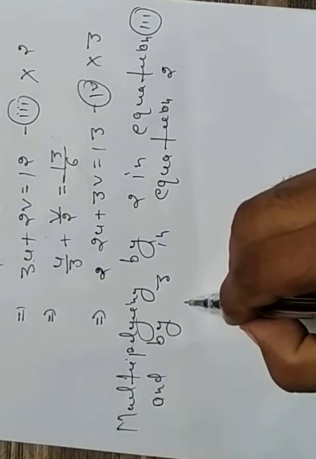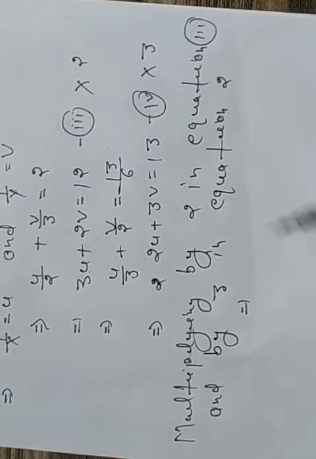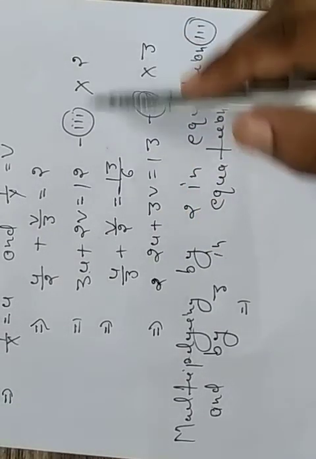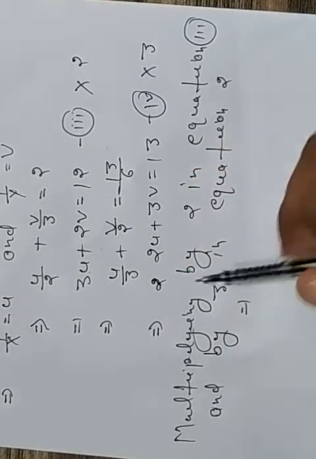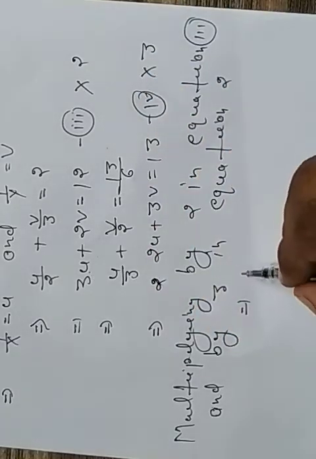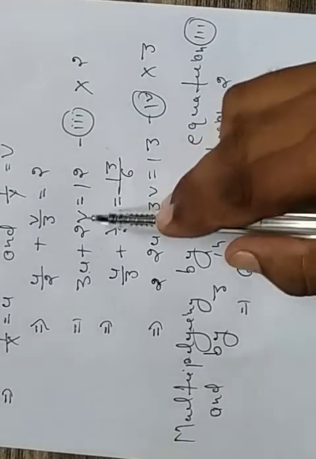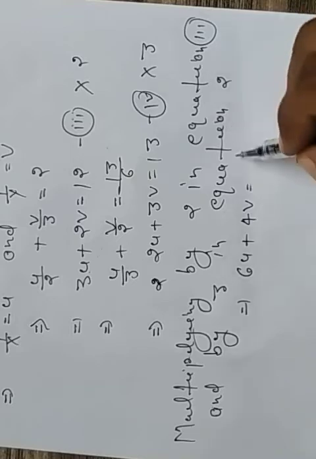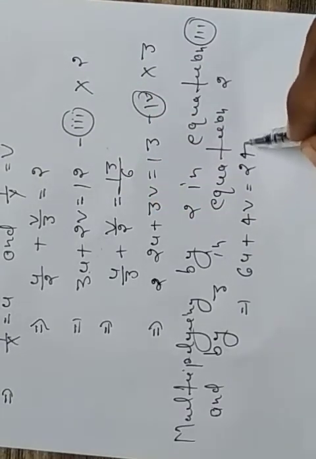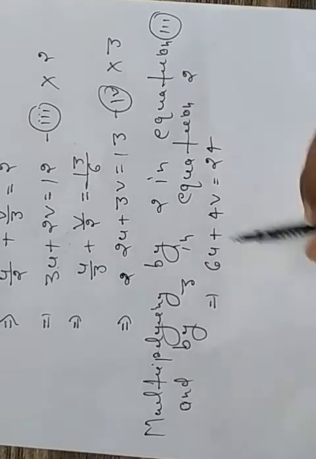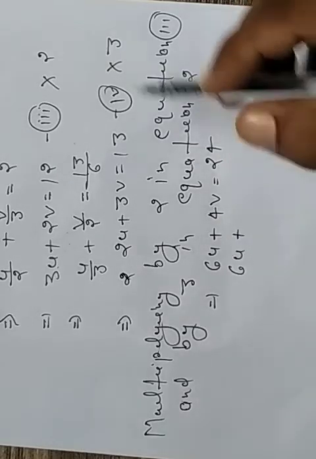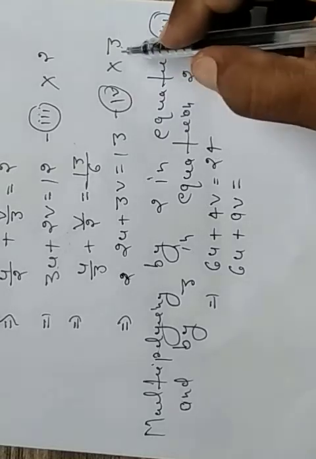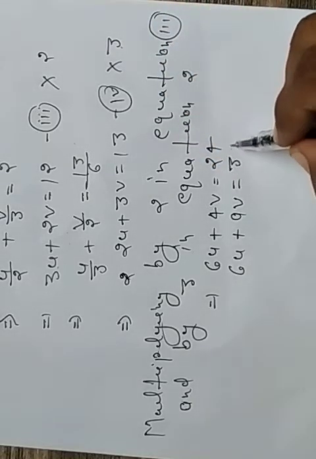So see what we are getting. We are multiplying by 2 in equation 3. So 3 into 2, 6u plus 2 into 2, 4v is equal to 12 into 2, 24, and 6u plus 3 into 3, 9v is equal to 13 into 3 is equal to 39.